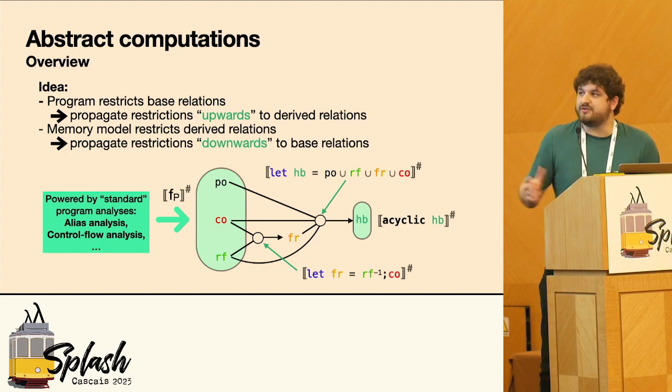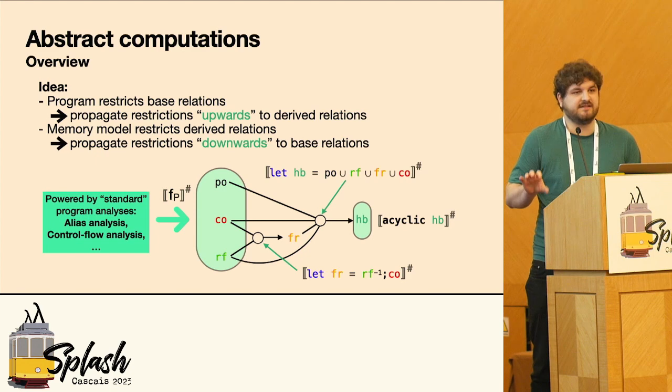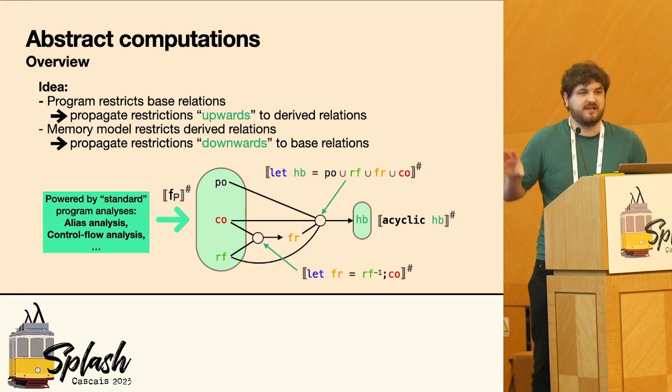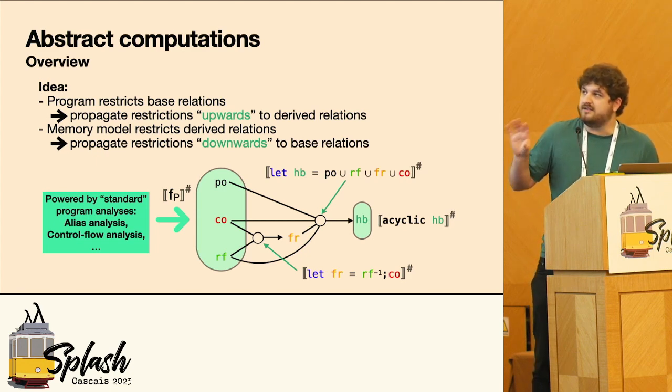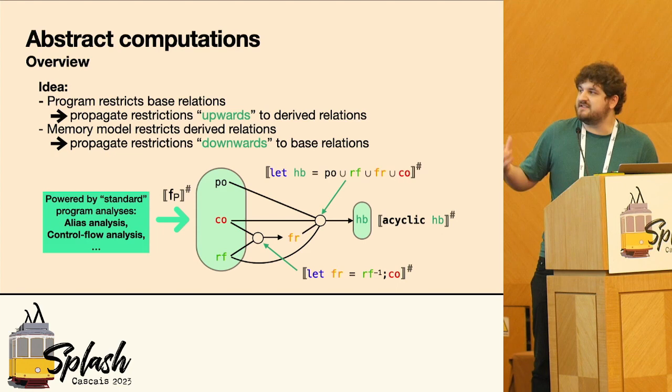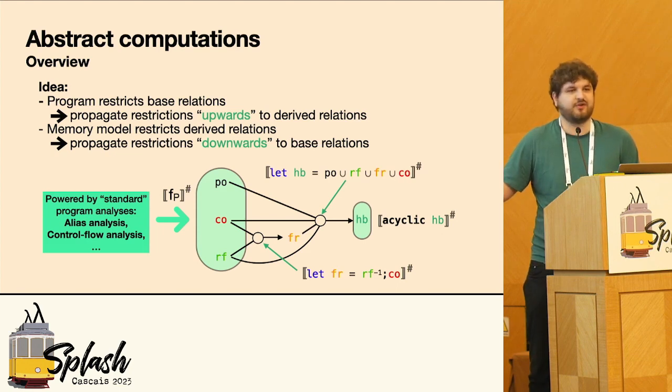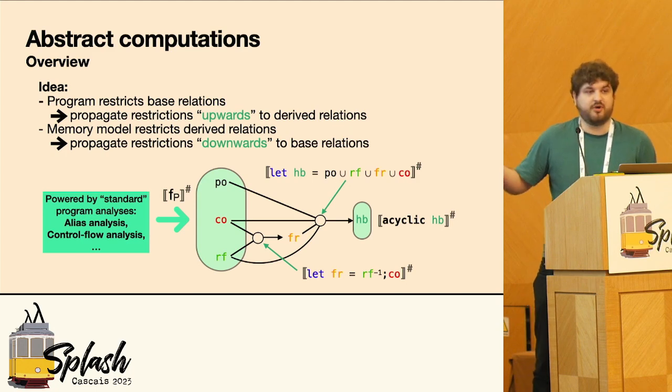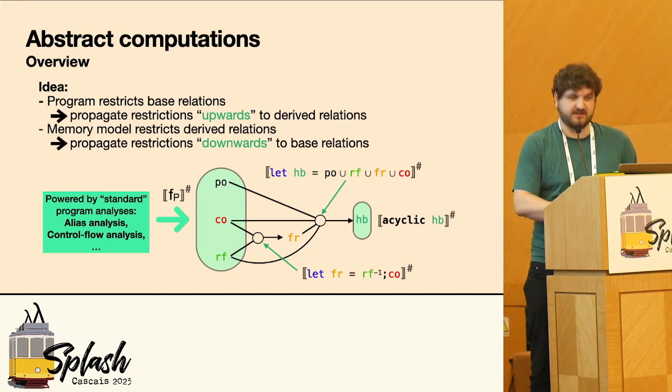In general, you can incorporate many program analyses to give some restriction on the base relations. These restrictions are what we propagate upwards to the derived relations. Interestingly, the derived relations are then also constrained by the memory model constraints, and this is something we can propagate downwards. This is what we did in our work.